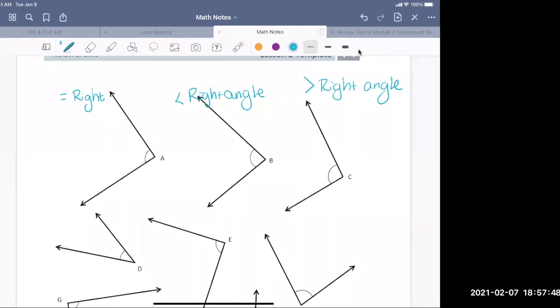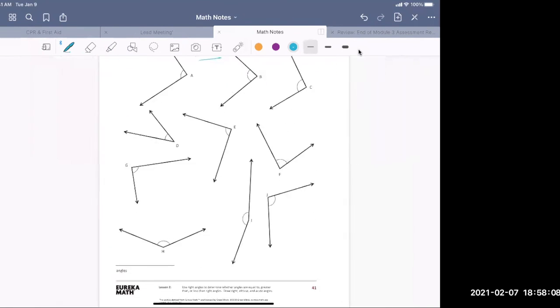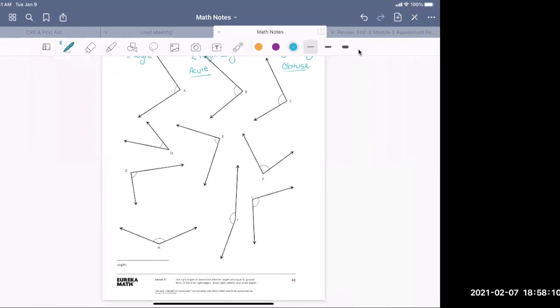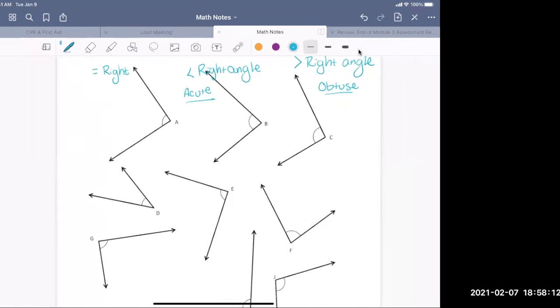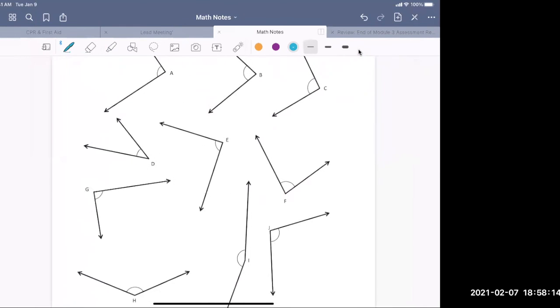So B, being less than a right angle, is called an acute angle. And if an angle is greater than a right angle, that angle is called an obtuse angle. Now I want you to measure the rest of your angles and identify if they are acute, obtuse, or right angles. They might be right angles.